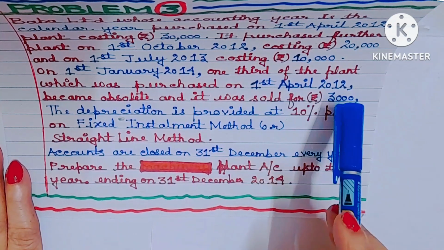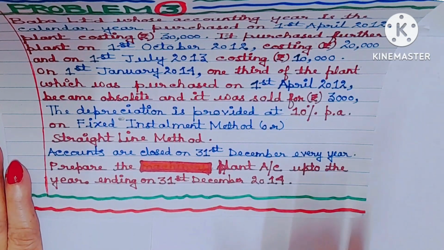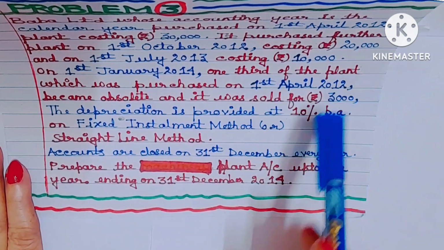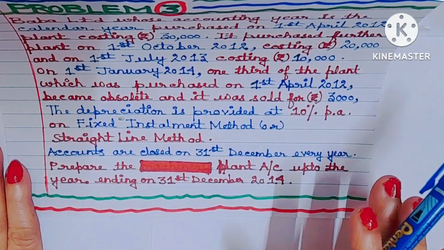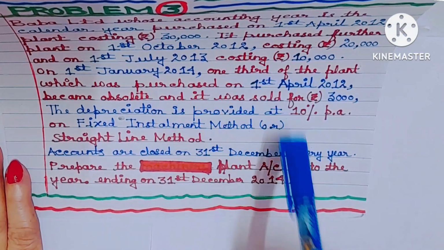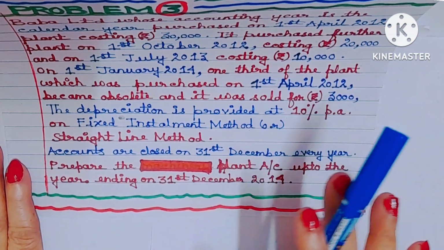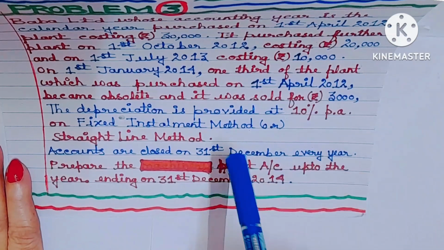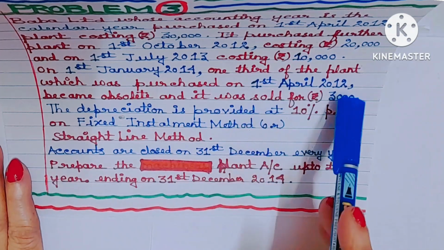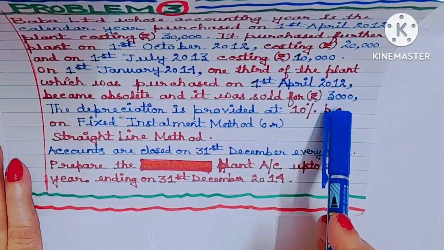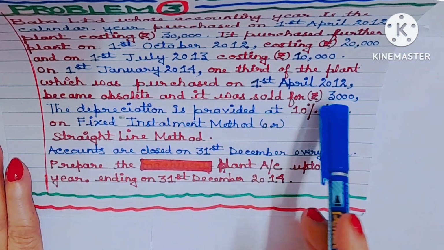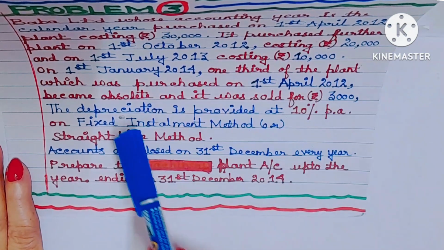So which plant was purchased on 1st April? The first plant. But the first plant was not sold entirely. Only one-third of the plant was sold for rupees 3,000. Understood? I'll show you the workings when we do the problem.